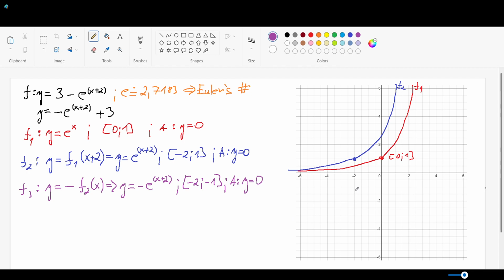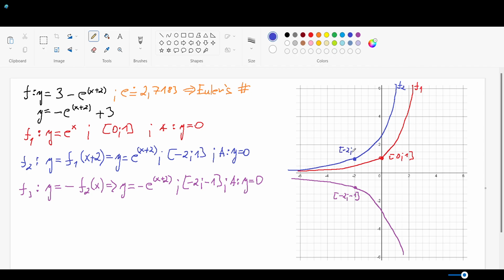y = 0. Basically it means that my anchor point will come to the point with the coordinates -2, -1, and we can simply sketch the graph again. Let's do it symmetric with respect to the x-axis.